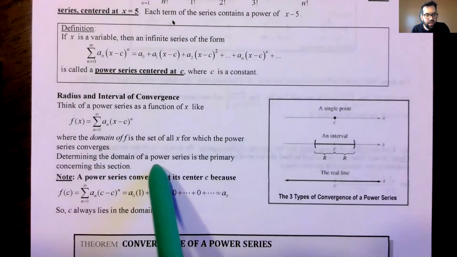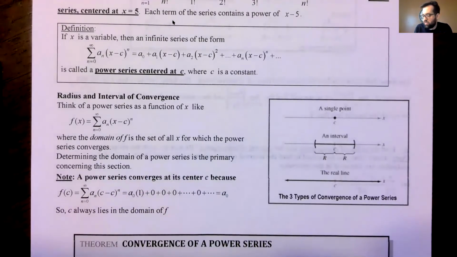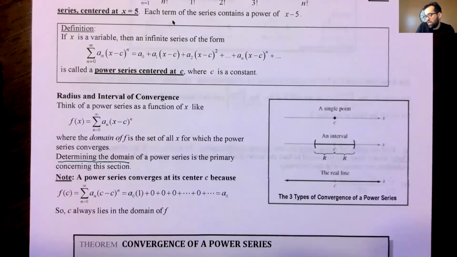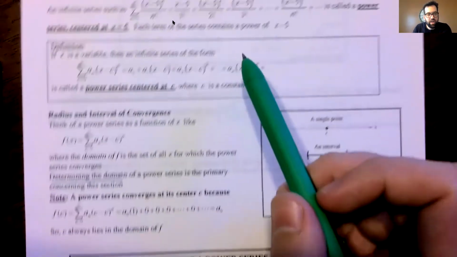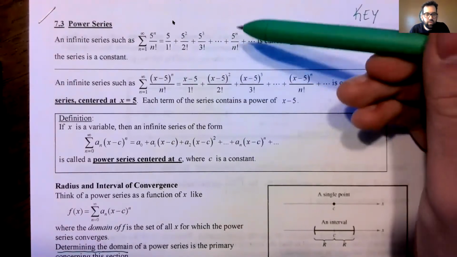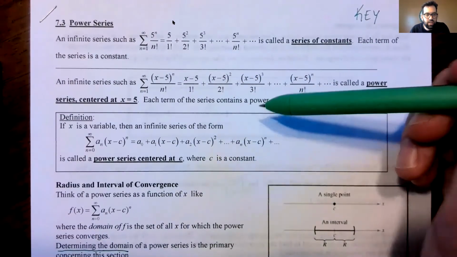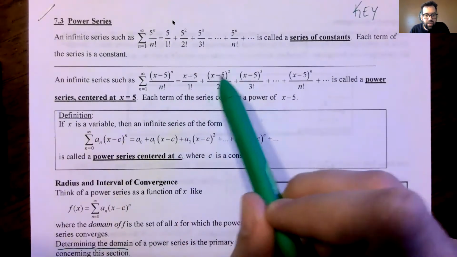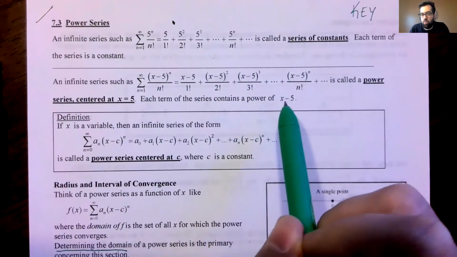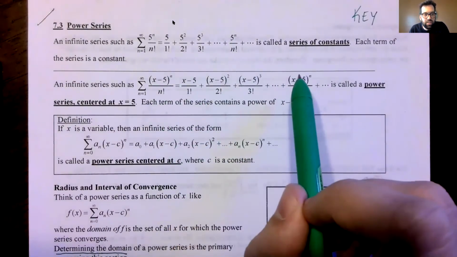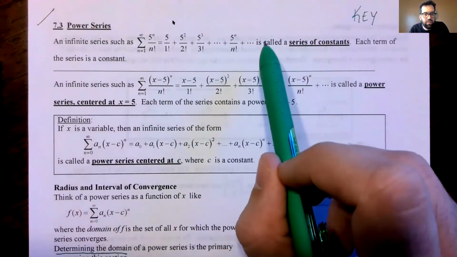Determining the domain of a power series is the primary concern of this section. So we really want to make sure you know what that means. So think about all the way back up here. We've got these two types of series: a series of constants or a power series. Once I plug in a number for x, let's just say I wanted x to be 2, now suddenly this is a series of constants again, right?